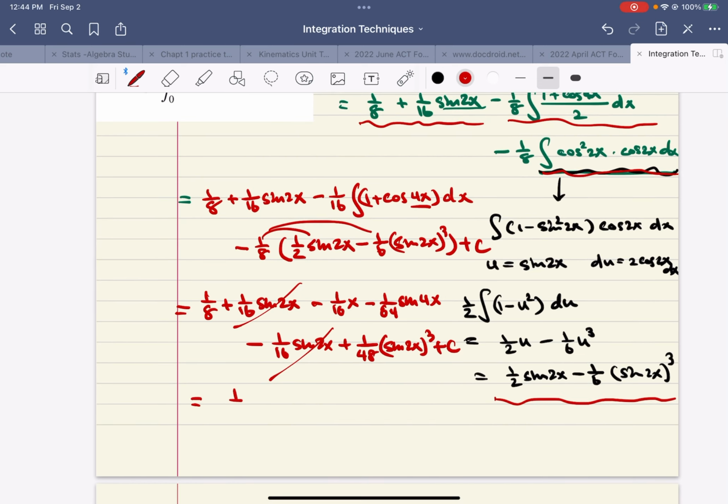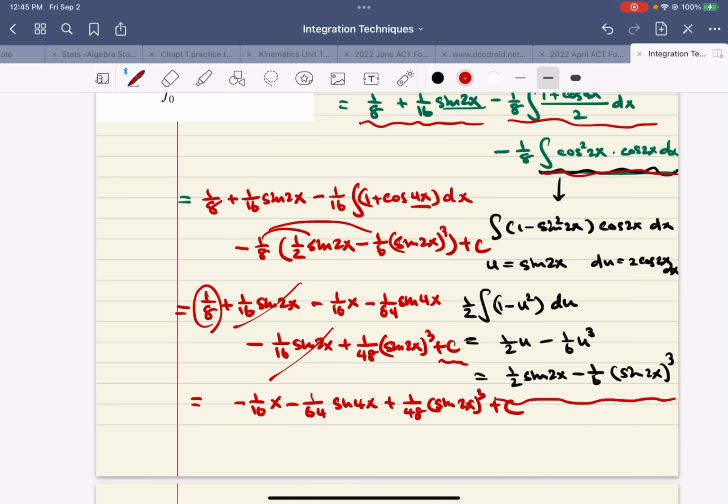So finally, 1 over 8. 1 over 8 is one of the c constant, so you can omit it here. Okay, so I'm going to write negative 1 over 16 x minus 1 over 64 sine 4x plus 1 over 48 sine 2x cubed plus c.